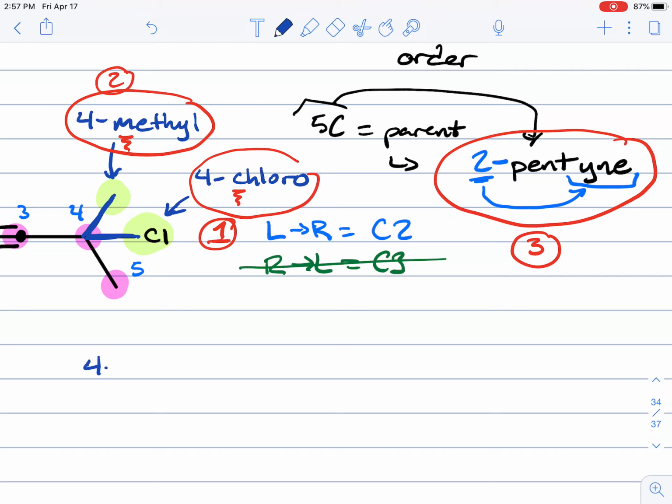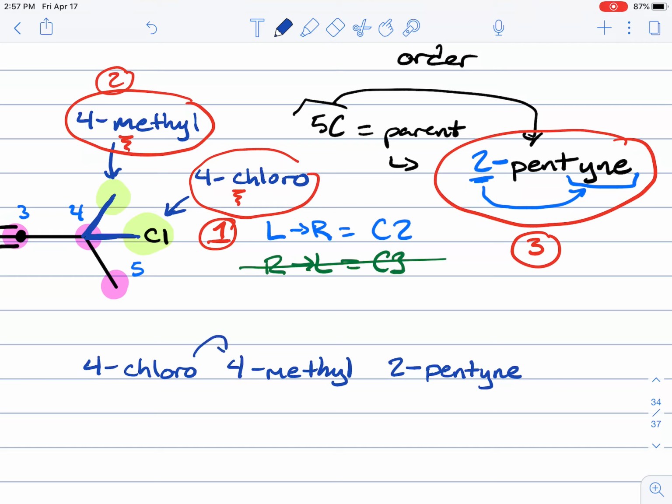So here I have 4-chloro. Then I'm going to put 4-methyl. Next, I'm going to put 2-pentyne. And we want to make sure that our grammar in our nomenclature is correct.